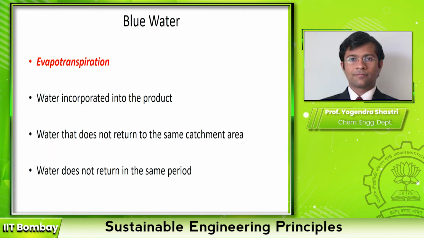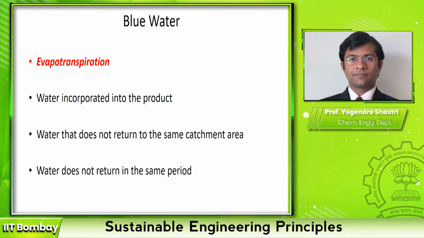Water is considered as part of blue water footprint only if it does not return to the same catchment area. So even if you are using water from a particular catchment area and you are returning the water to a different catchment area, let's say you are transporting water as part of something and it is being discharged in another catchment area, if that is the case, then it is considered as part of water footprint.